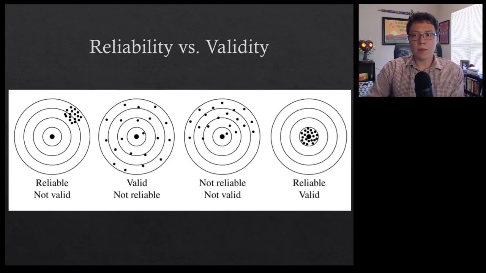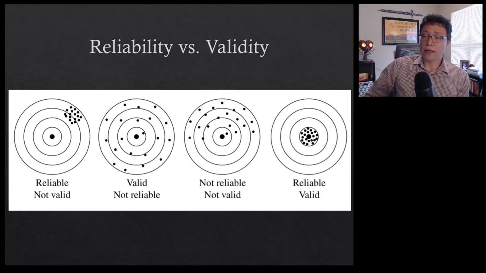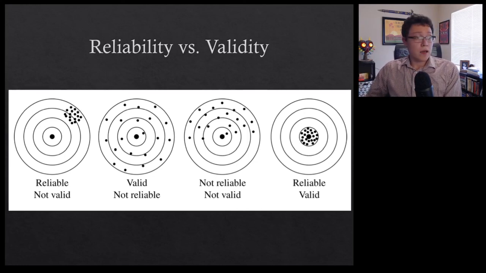And many of you have probably seen this reliability and validity chart before. So things that are reliable and not valid, things that are valid, not reliable, not valid, and reliable and valid. The idea here is that this is reliable because we are getting the exact same results everywhere. This is also reliable because we're getting the same results, but this one's valid over here because we're actually hitting the mark. Here we're not.